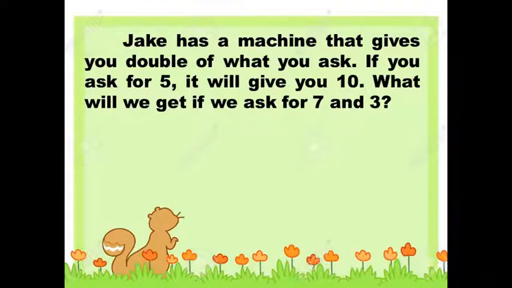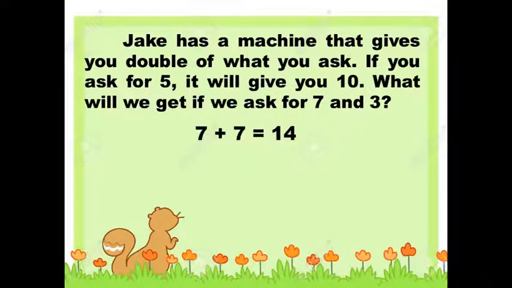That's right. By using the machine of Jake, you will get the double of 7 and 3 immediately. By doubling the number 7, you will get the answer the machine will give you.